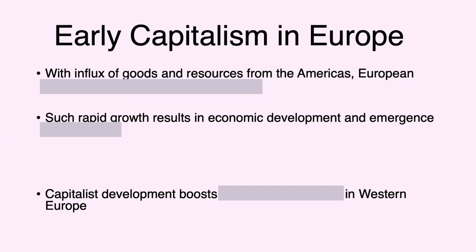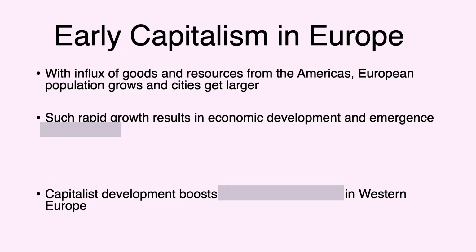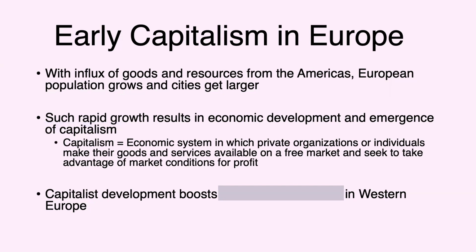So, with the influx of goods and resources coming from the Americas because of that triangular trade established with colonization, European populations start to grow and cities get larger. Because of these changes brought on by colonialism, this rapid growth results in economic development and the emergence of capitalism.